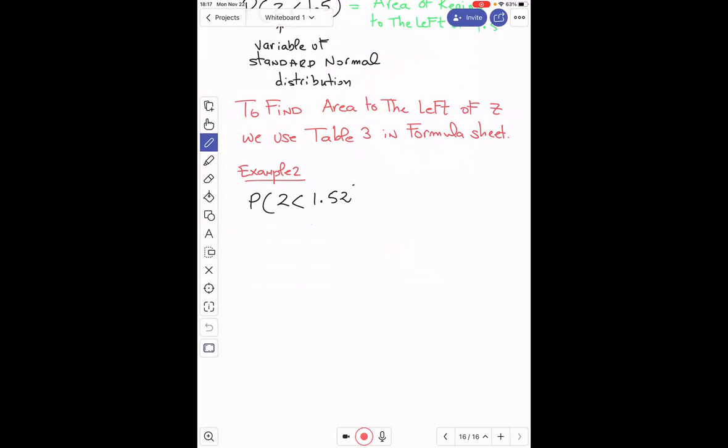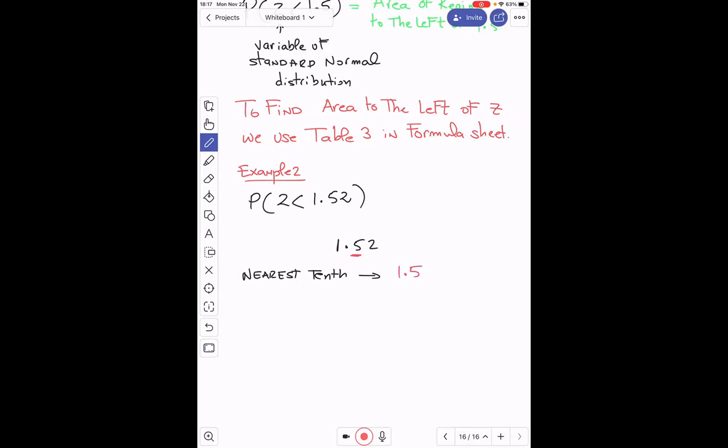When you take the number 1.52, the nearest 10th is the digit just after the decimal point, so that's 1.5.